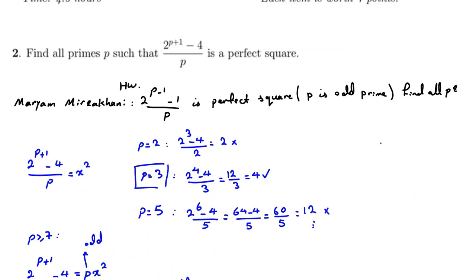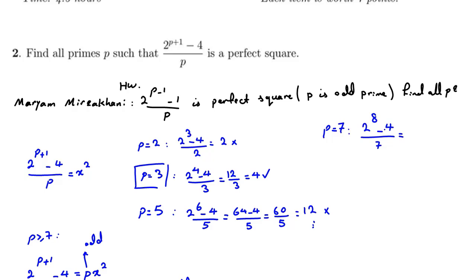Okay, so p is 7, and let's check it. Let's check p equals 7 here: 2 to the 8 minus 4 over 7. It's a multiple of 4.